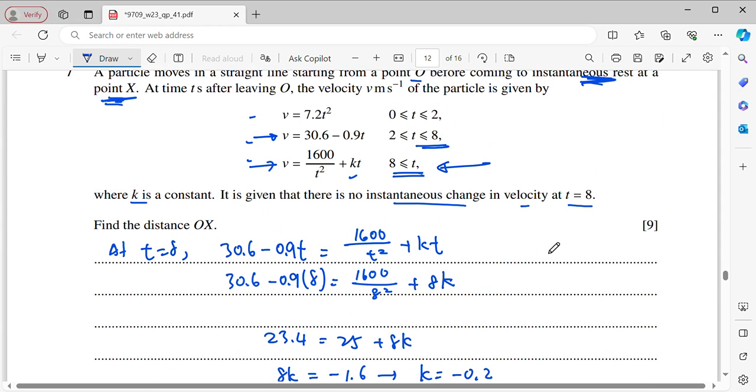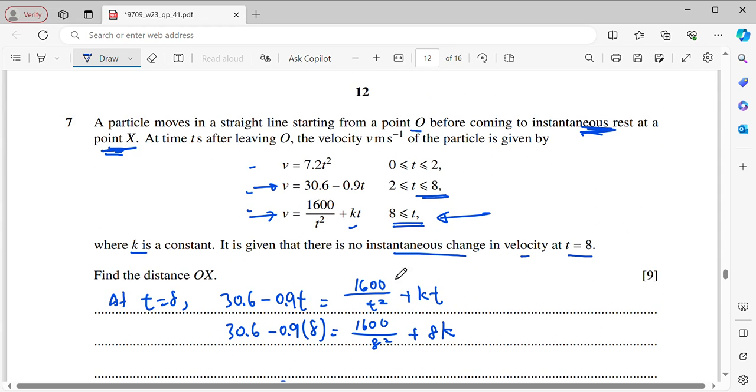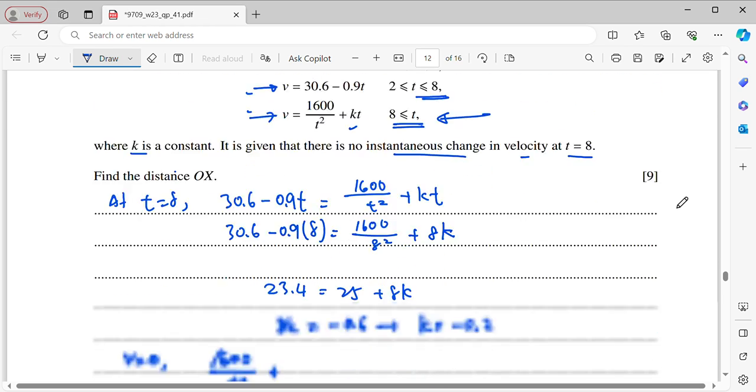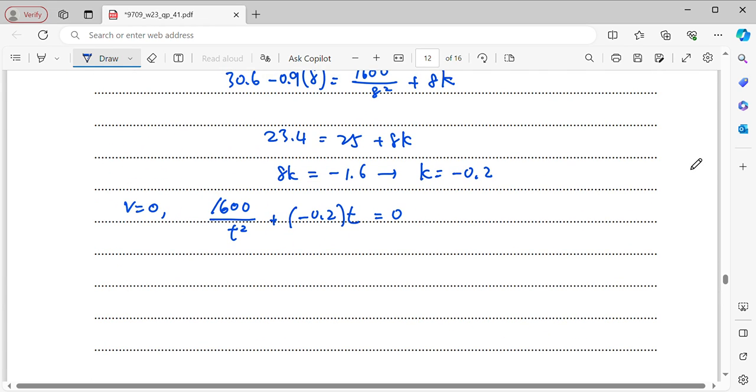Now I need to find out what the time is when it comes to rest. Then only I can find the distance. Since you have t squared in the denominator, I multiply t squared to the whole equation, and you will get 1600 minus 0.2 t cubed equals 0.